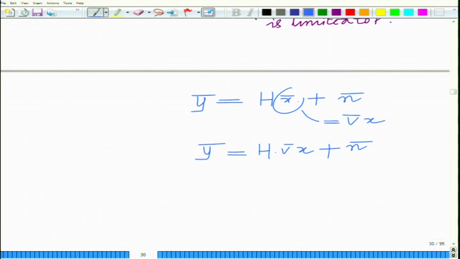Now at the receiver we are going to employ a combiner. This is your received symbol vector.